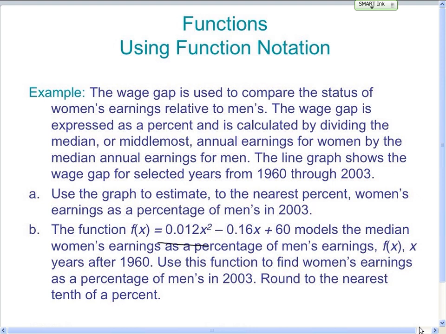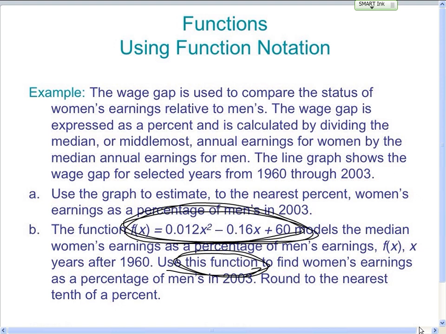The function f of x is equal to 0.012x squared minus 0.16x plus 60 models the median women's earnings as a percentage of men's, x years after 1960. Make sure you pay attention to what x represents. That's the number of years since 1960. Use the function, that means you're going to be plugging numbers into the function, to find women's earnings as a percentage in 2003.